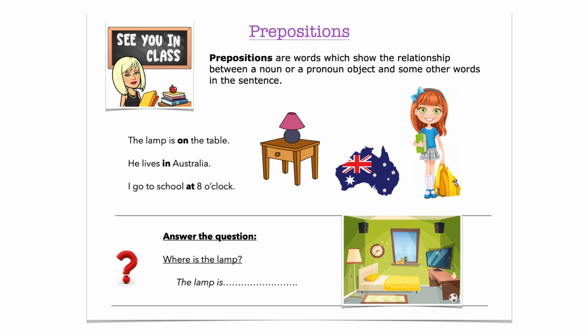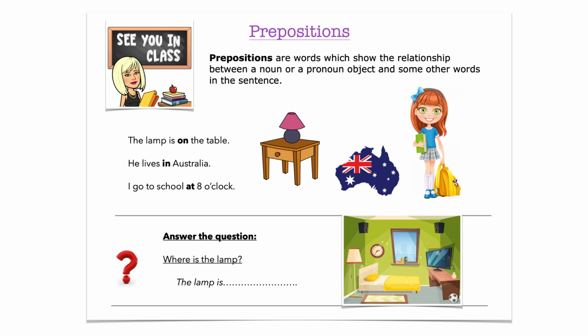Answer the question, where is the lamp? Look at this bedroom picture. Have a look at the floor lamp. Where is the lamp? Answer the question. The lamp is... So you can have a few different answers.